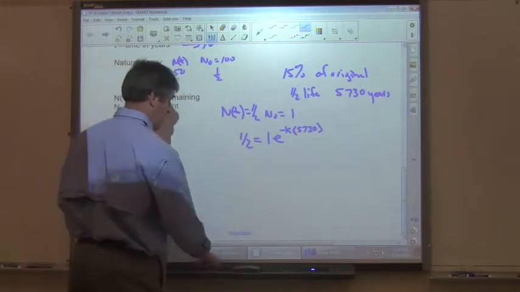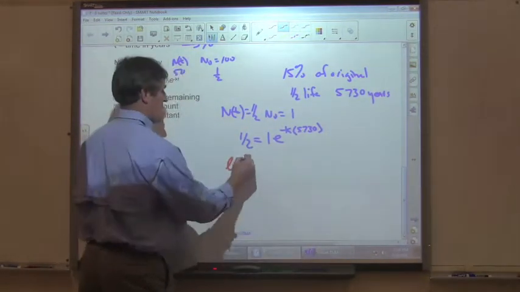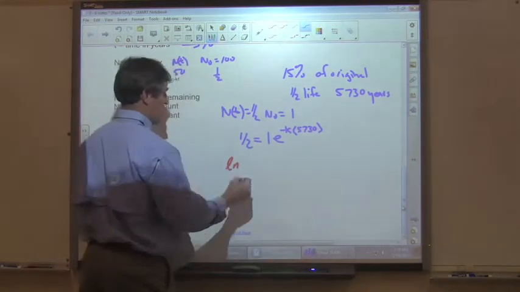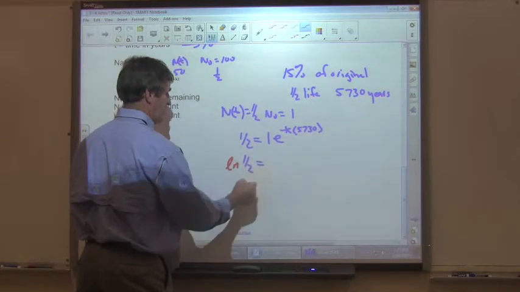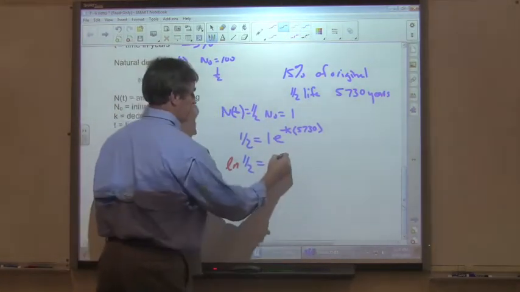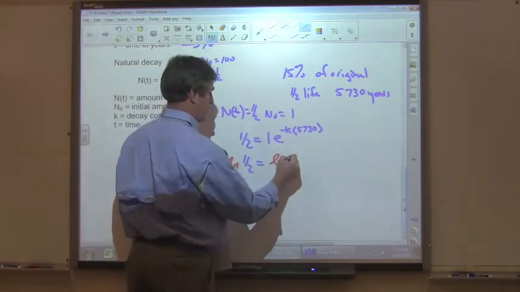So all we do is go ln to both sides. So I do ln 1/2 equals, now this 1 we can just forget about, because 1 times whatever that is will be the same thing.